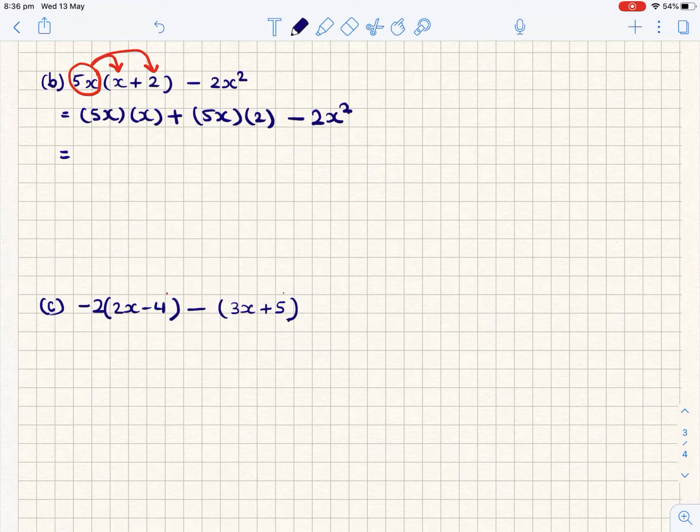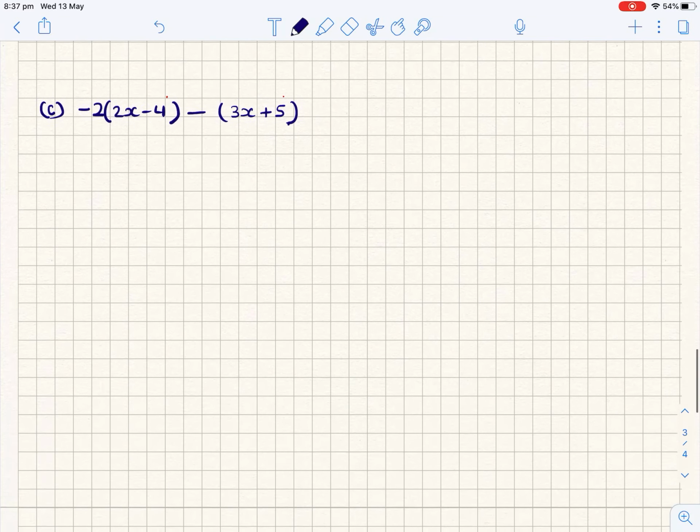So 5x times x, 5x squared, 5x times 2, 10x, take away 2x squared. Now combine the like terms. So we have 5x squared and negative 2x squared. That gives you 3x squared and plus 10x. Now these are unlike terms, so can't be simplified further. So that's our final answer in this case.